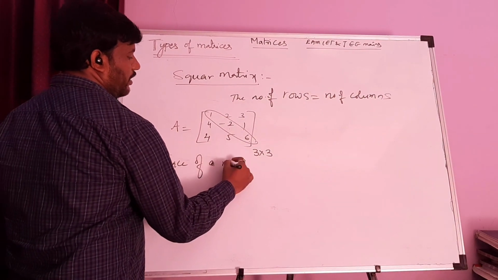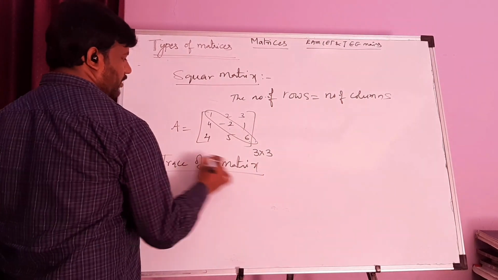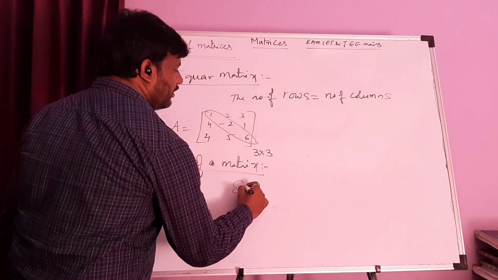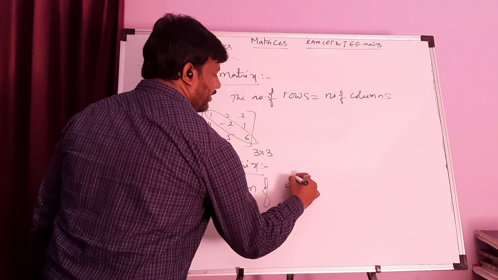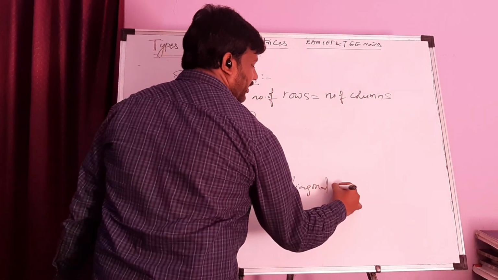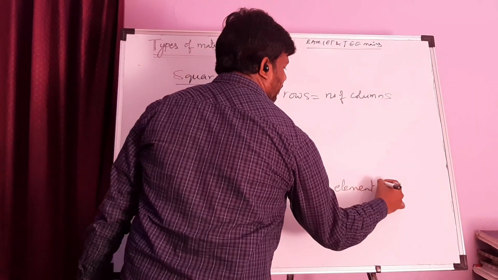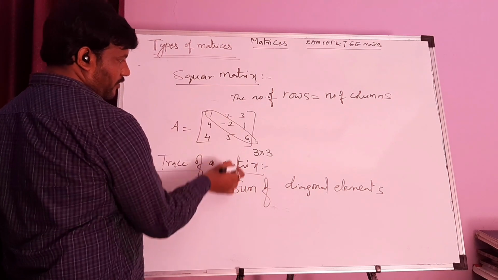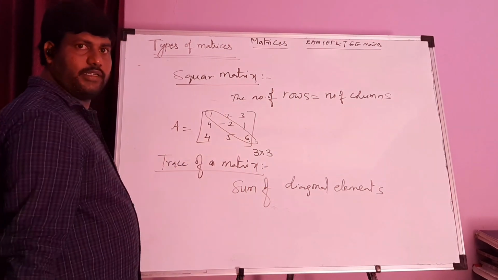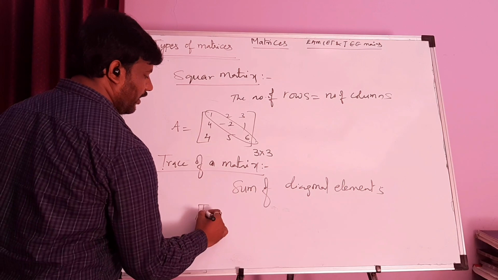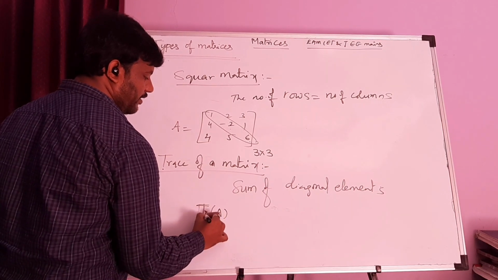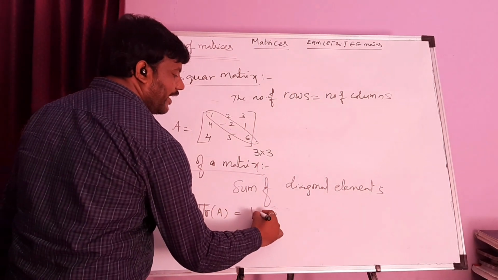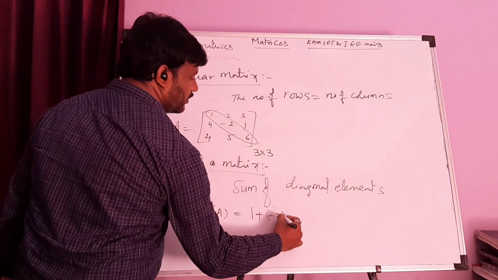Trace of a matrix is very important. The trace of a matrix is nothing but the sum of the principal diagonal elements, or simply the diagonal elements; we add the elements which are in diagonal positions. You denote it as tr(A), the trace of A. For this example, the trace of A is the sum of the diagonal elements: 1 plus minus 2 plus 6.